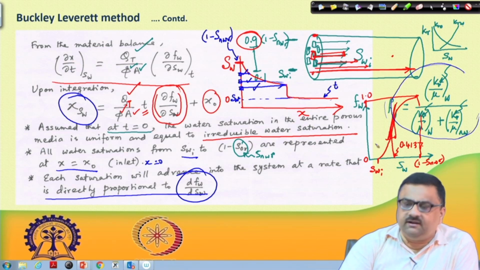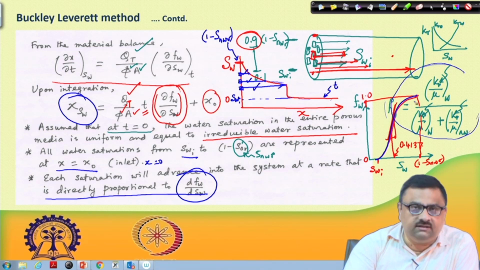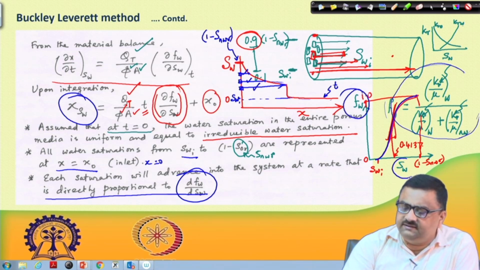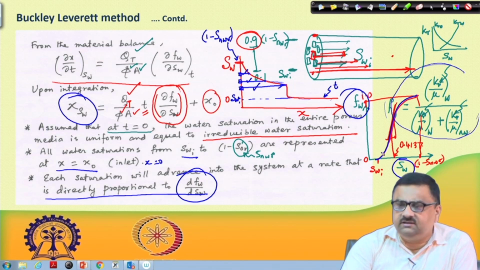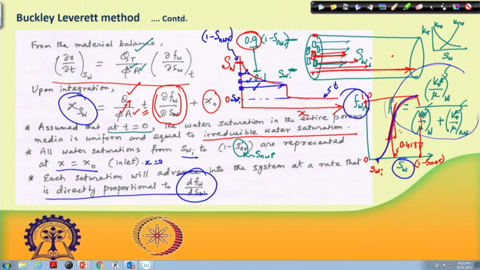Somehow, at the end you have to come up with some expression or some kind of curve between FW and SW, and this curve will look like this, because FW has to be 0 when saturation is SWI, whereas when the saturation is at the other limit, FW has to be equal to 1.